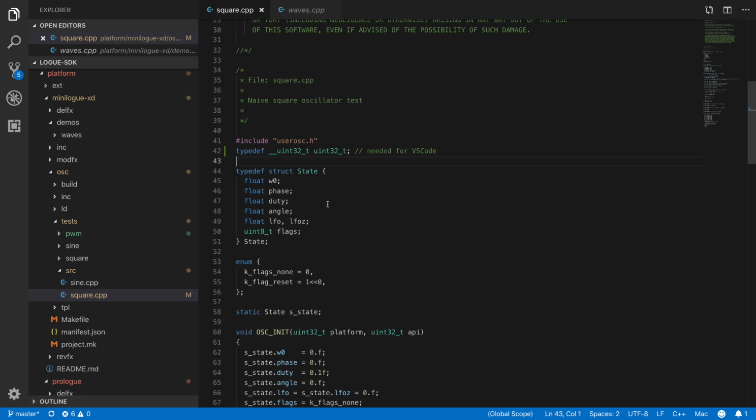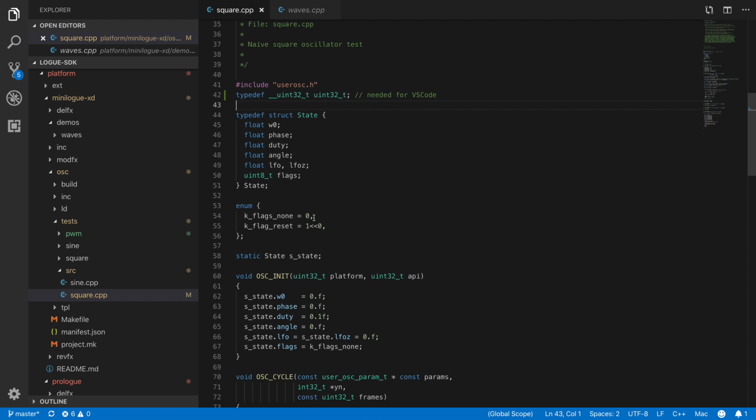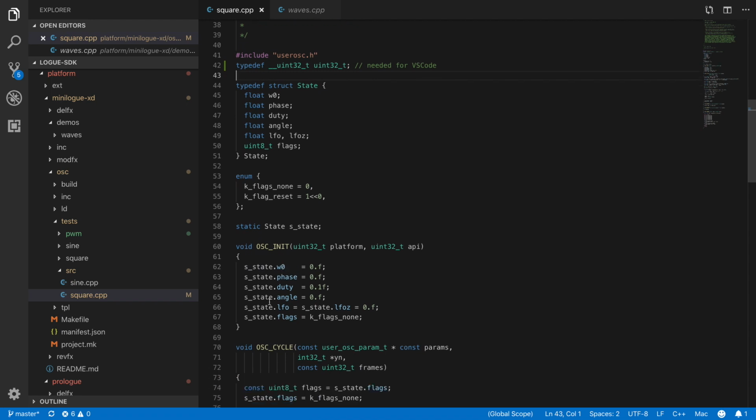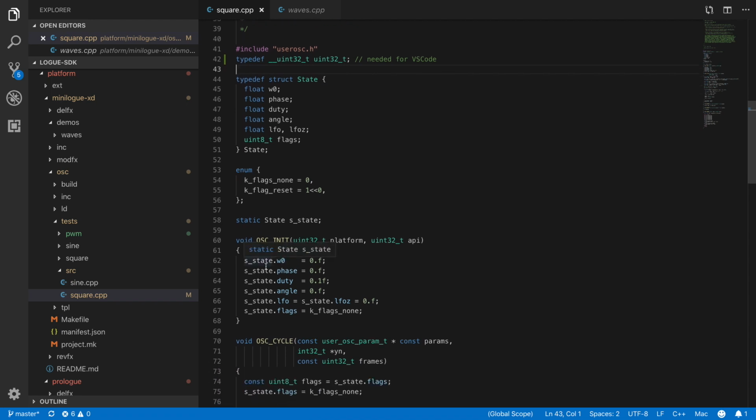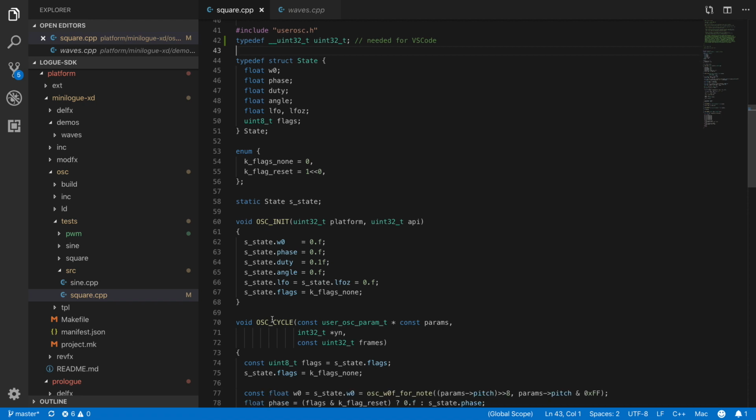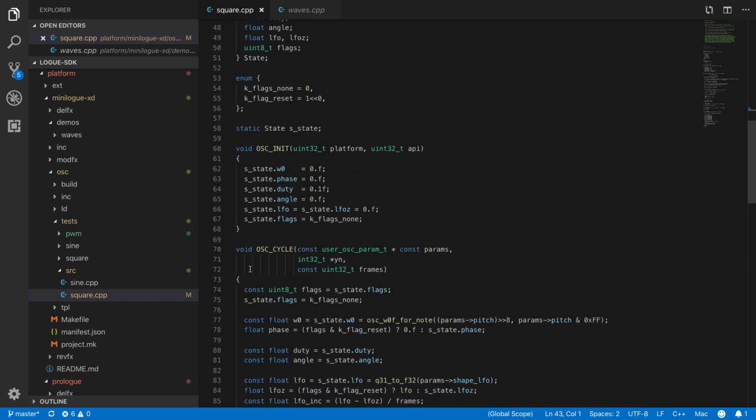The oscillator gets initialized at some point in time, where we put in some variable default values, and then, at 48 kilohertz, the oscillator is getting called by the synthesizer continuously to fill out the buffer, even if there is no note pressed.